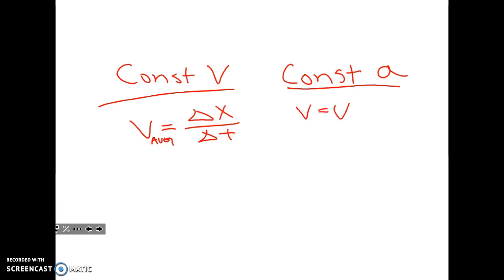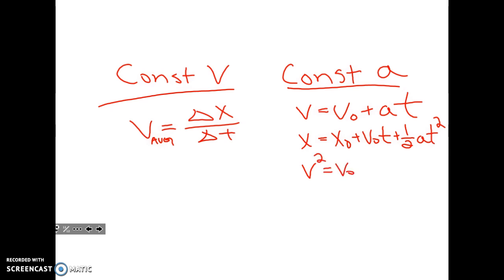V equals V initial plus acceleration times time. We had our final position equals initial position plus V sub 0 t plus 1/2 at squared. And then we had this one, 2a times x minus x of 0. Okay? So basically, those were from one-dimensional motion.